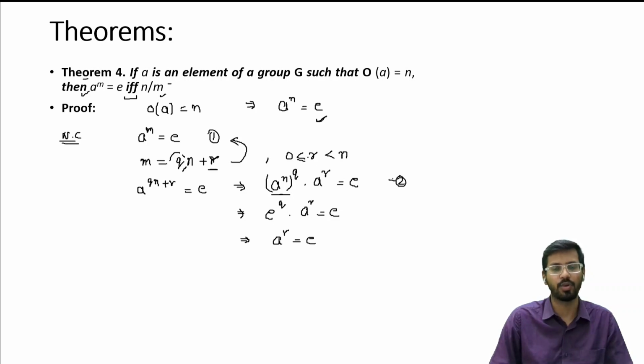So r cannot be smaller than this n. So here the value of r should be only 0. That means this r is 0.